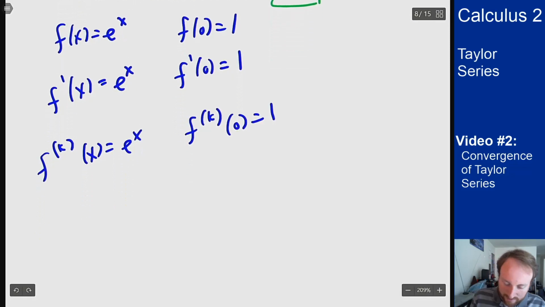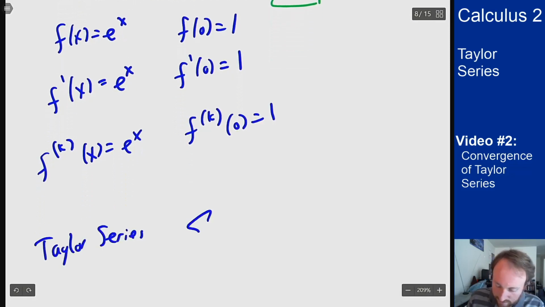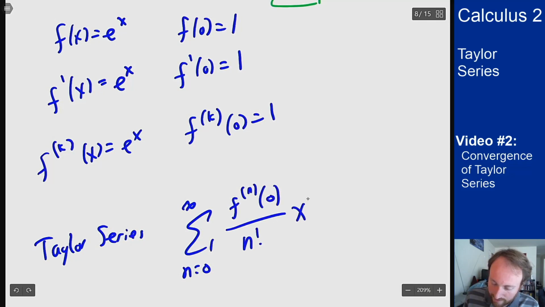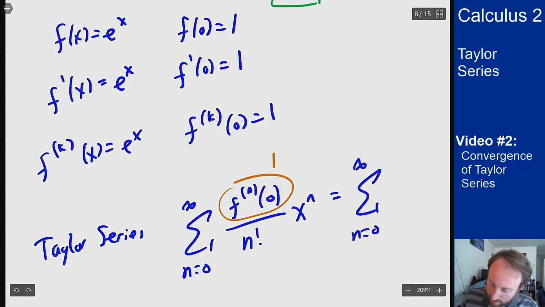That means the Taylor series, which is the sum n from 0 to infinity of the nth derivative at 0 over n factorial times x to the n, well, these derivatives are always 1, so I get the sum n from 0 to infinity of x to the n over n factorial, just like I should.